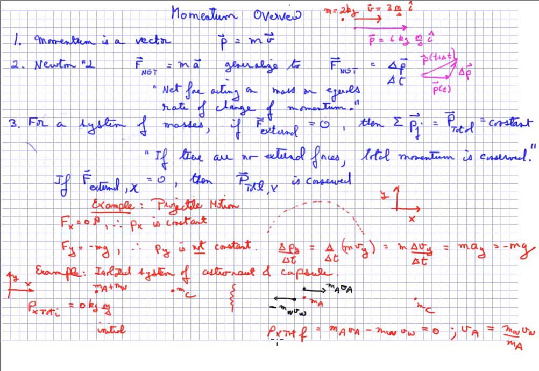And so we can then say that the final momentum in the x direction for this system is m a v a, this momentum vector to the right, minus m w v w, this momentum vector to the left, which is equal to 0. And we can now solve for v sub a as being equal to m w times v w over m a.